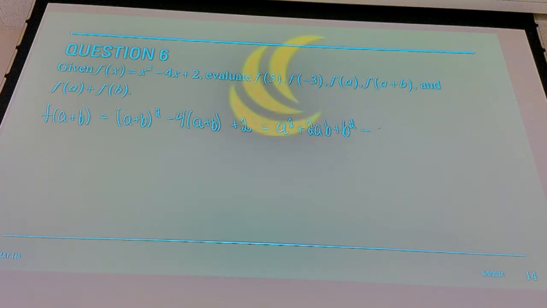What does the second part simplify to? Negative 4A, subtract 4B, plus 3. Really can't be simplified.